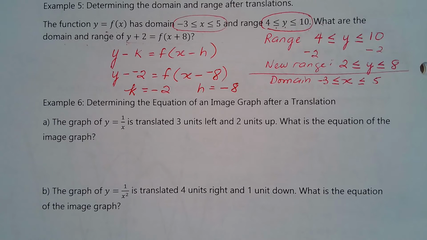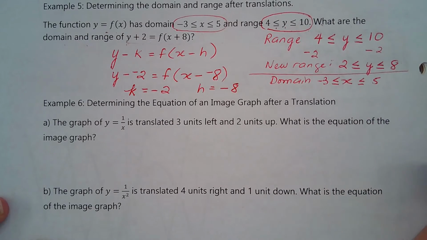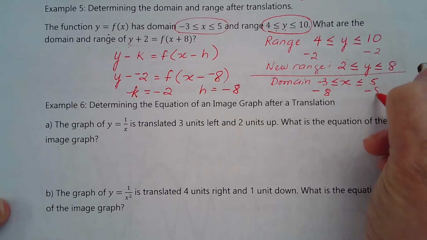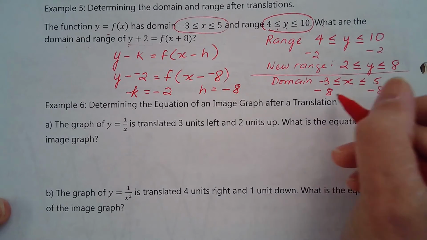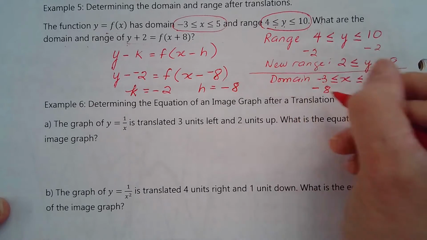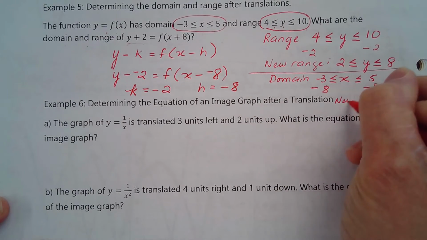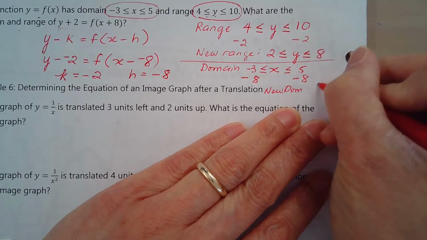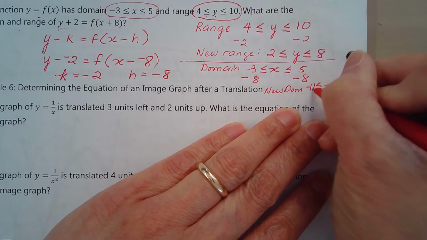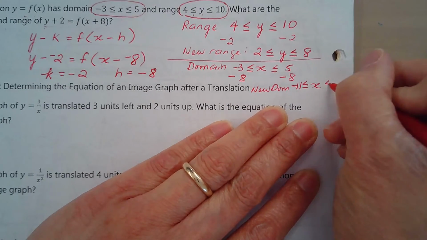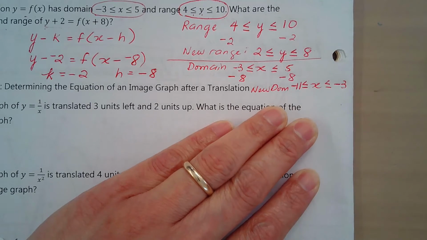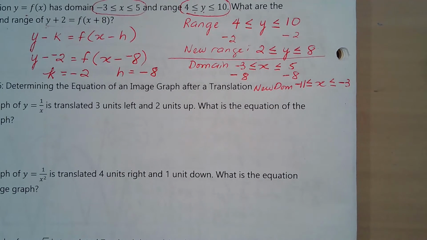So if it's 8 units to the left, we're going to subtract 8 for all of the x values. So what's the new domain? It's going to be x is greater than or equal to -11, but less than or equal to -3. Yeah. Okay.